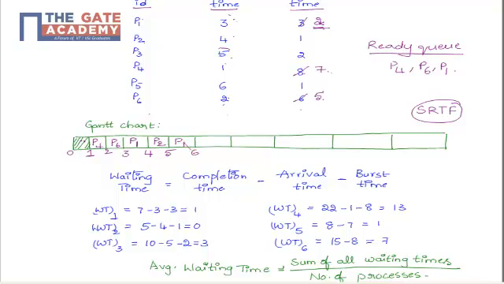At the time of 6, process P5 has to be executed, but P1 will again execute because it will enter again into the ready queue and it will execute. So process P1 is completed here. Now process P1 is done.